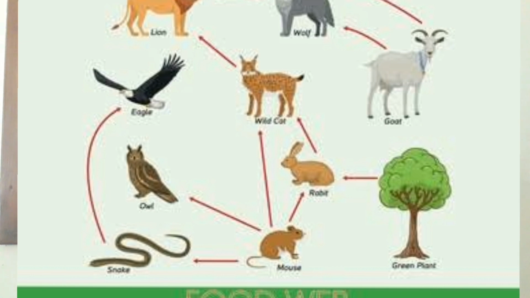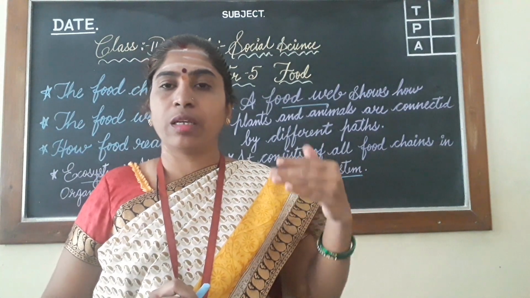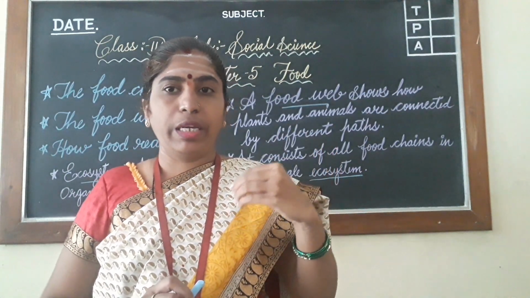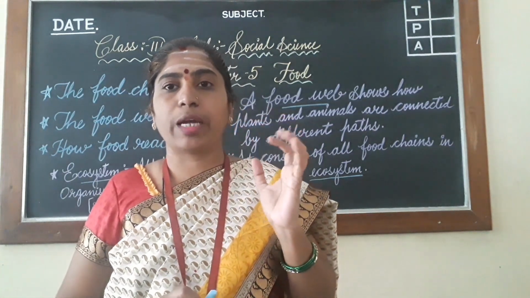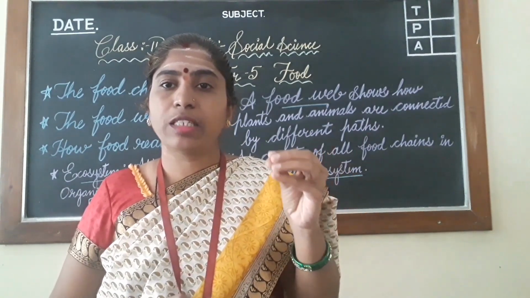Every food chain carries energy and nutrients that move through the ecosystem. Means one animal will eat plant, it doesn't mean that it will digest and it will finish there only. It will carry the nutrients in its body. When the other animal eats that herbivorous animal, then it will also get its nutrients in the form of flesh, isn't it?